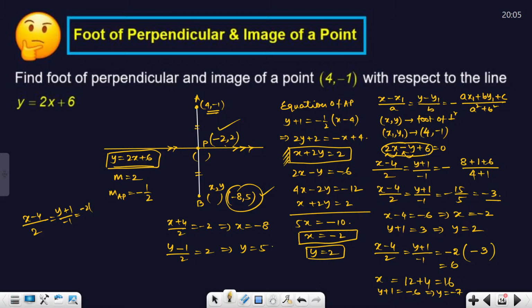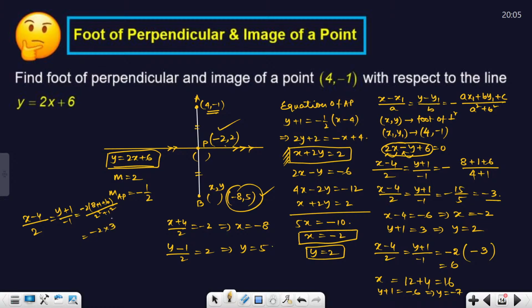In this equation, I am putting 4 comma minus 1, 8 plus 1 plus 6, right, divided by 2 square plus 1 square. We are getting the same thing, minus 2, 15 over 5, it's 3.